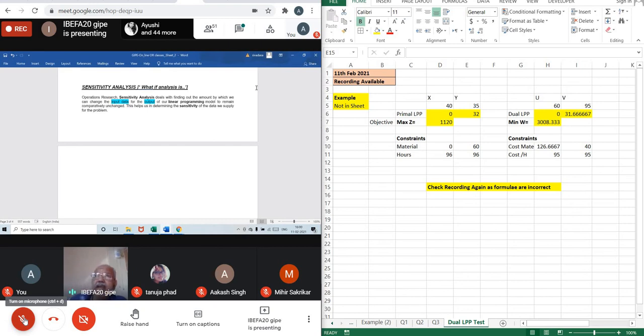So what does sensitivity analysis say? Sensitivity analysis says, even if you got the answer, will there be any alterations without affecting your optimum? That is what it asks. We have seen that in Choco example, biscuit example, day 1.